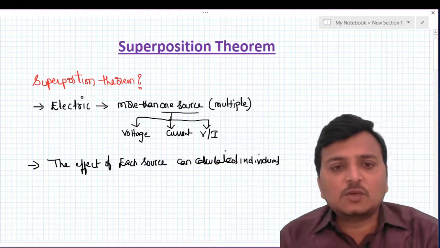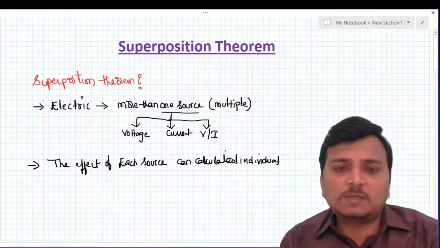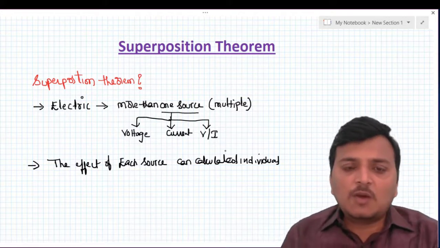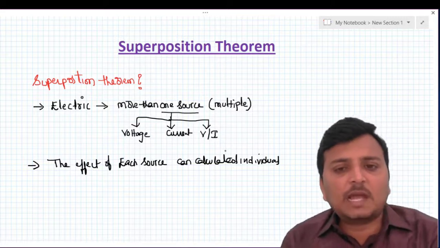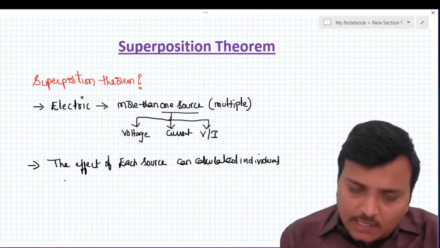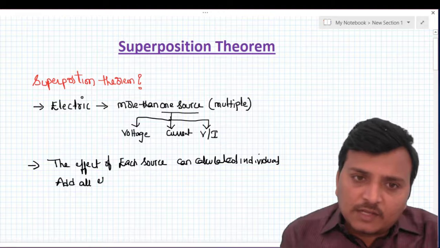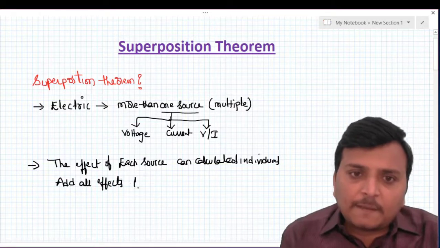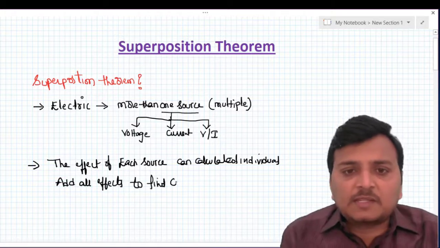Though you have multiple sources, by using the superposition theorem we calculate the effect of each source in one branch individually. Then we add all the effects to find the complete response.